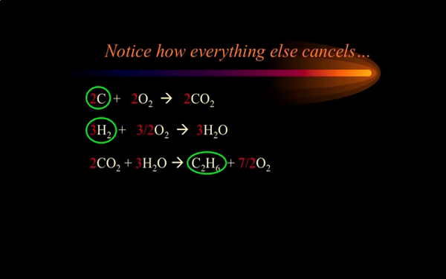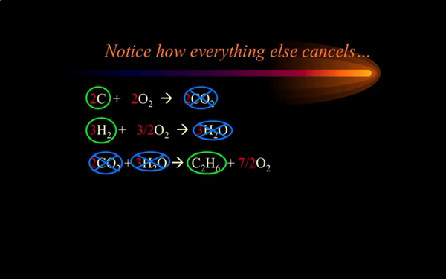So all of the stuff that I wanted is there. But I want to see if I can get rid of all the things that I didn't want. So let's look here. I've got 2 CO2s on each side. So those cancel out. My H2Os, I have 3 on each side, so those cancel out.